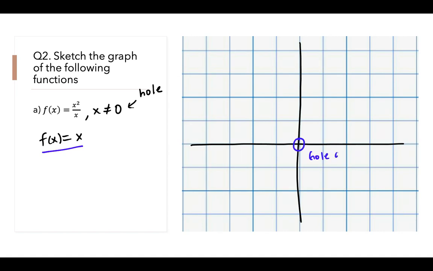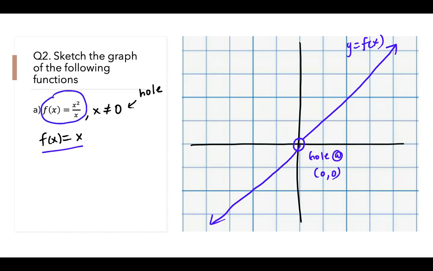I'm just going to write it for you: (0, 0). And it's going to be a perfect linear line. That is going to be y equals f(x). That is my function for this one.